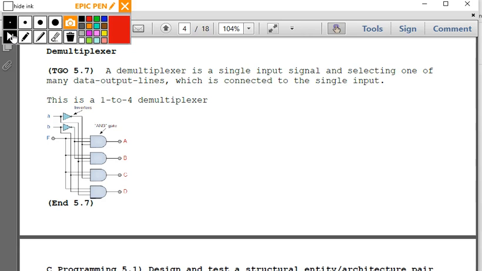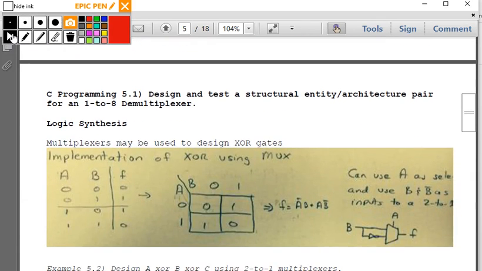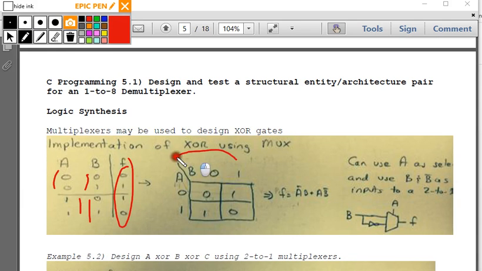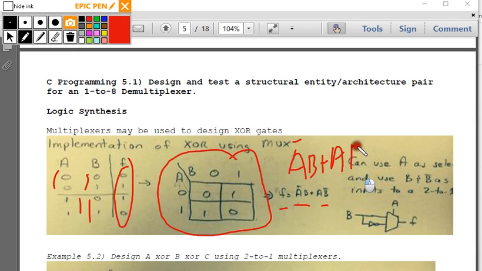And so this is an example of it here. So what we've done here is the XOR 0, 0, 0, 1, 1, 0, 1, 1, and you have this output, right? So you do a very simple K-map. F equals A bar B or A B bar.